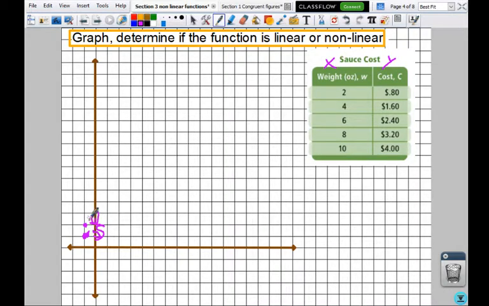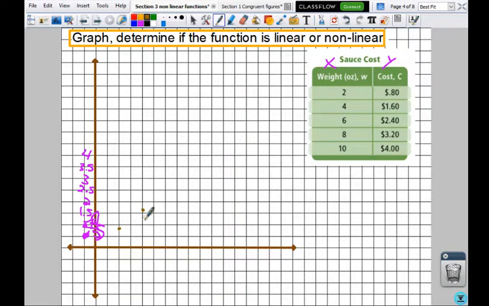Alright. So 0.5, 1, 1.5, 2, 2.5, 3, 3.5, 4. Then when we graph these, you should probably copy this down so you get your notebook checkpoints later on. So I'm gonna go 2, 0.8, and I'm gonna kind of estimate 0.8 is about right there. 4, 1.6.